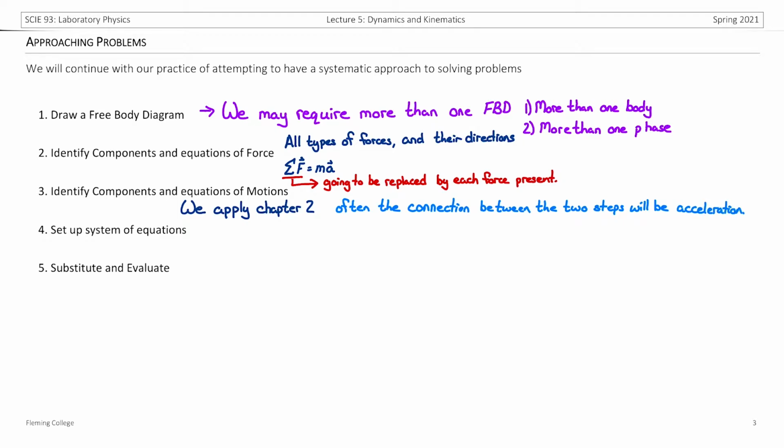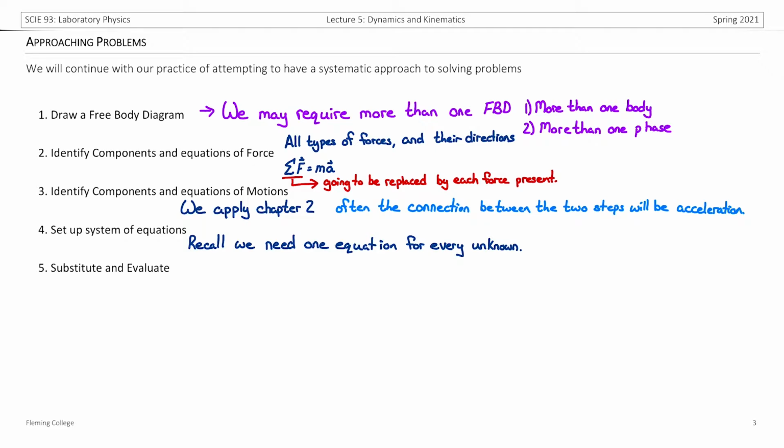We are going to discuss several problem scenarios in this chapter. In each case, the common factor here is that we will need a system of equations. Recall that we need one equation for every unknown that we have to solve. And through this chapter, we'll see two methods of accomplishing this task.